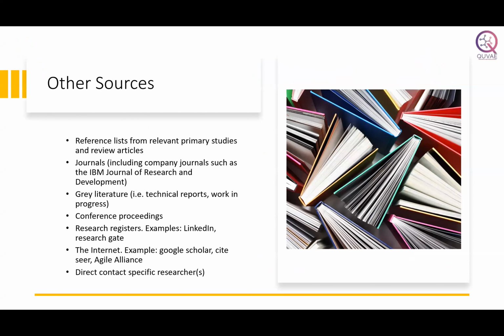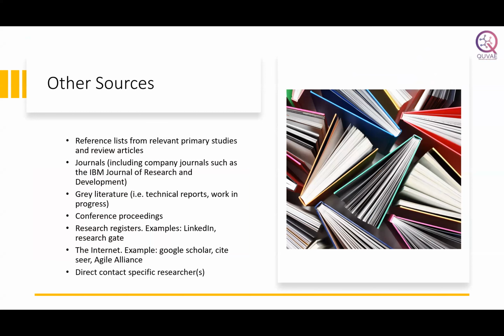For other resources, you can also start from the list of review articles. Find from the reference list of the primary studies and look at the review articles. Also from journals that are not included in the databases, like IBM journals or other journals that are kept by a company, or the grey literature like technical reports or work in progress, which can also be part of the study.